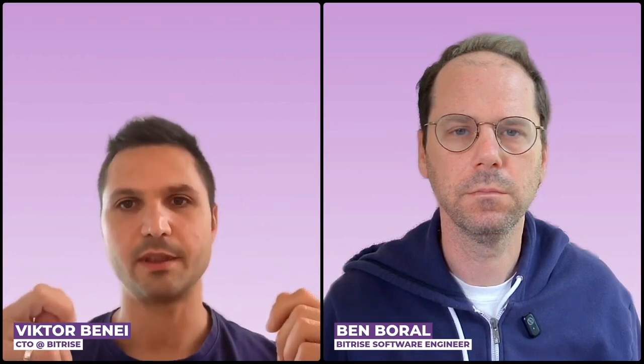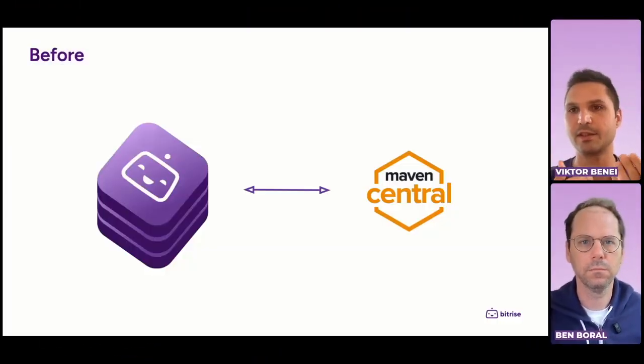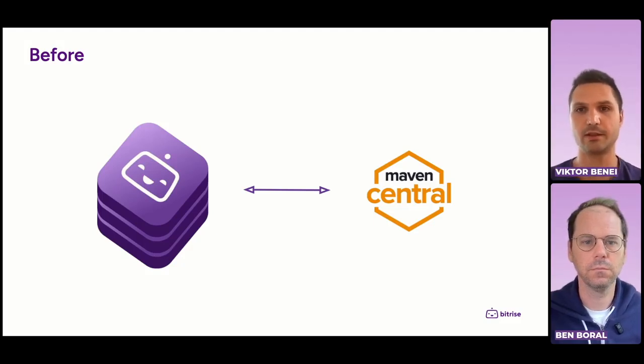What happens in these scenarios is that we have the Bitrise infrastructure with lots of builds running on it, and if enough of those builds try to download dependencies from Maven Central, Maven Central says that Bitrise itself is requesting too many in a short amount of time.